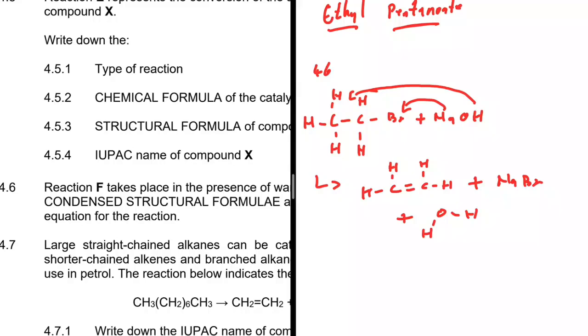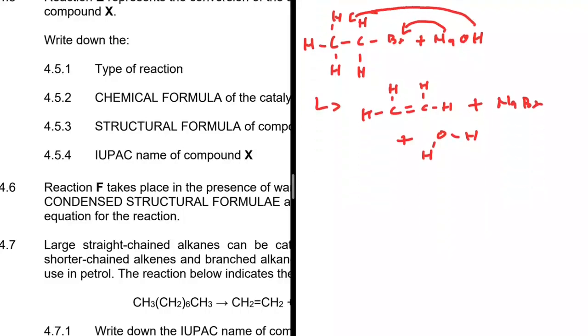But for our equation, we're supposed to use condensed structural formulae. So let's go ahead and do that, just for the sake of clarity. We have CH3CH2Br plus NaOH. What does this give us?